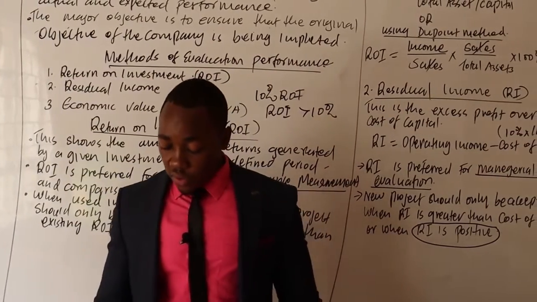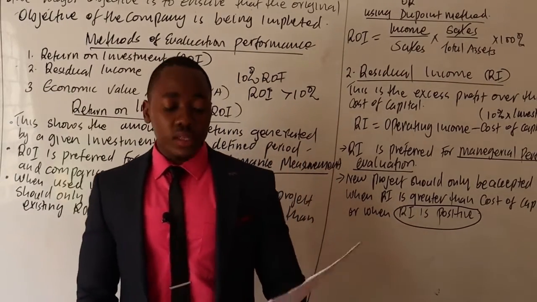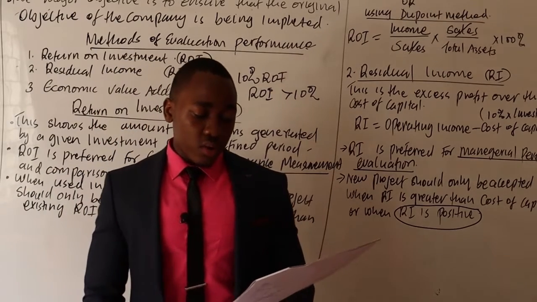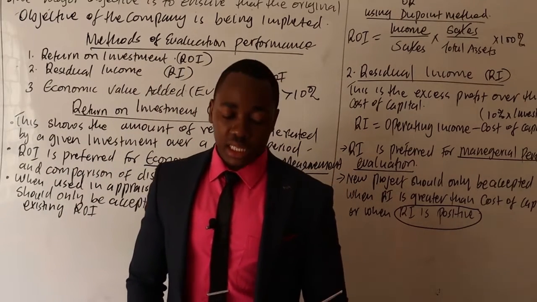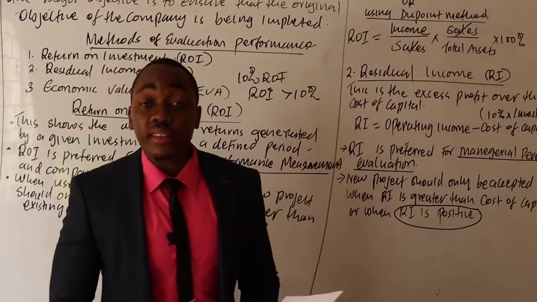For those with the notes, the question is already there. Those with the theory handout, with some questions, can open that question at page 16. Let's do that question. Let me read the question.